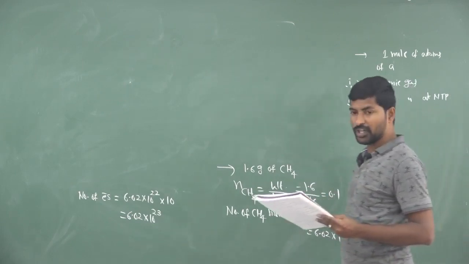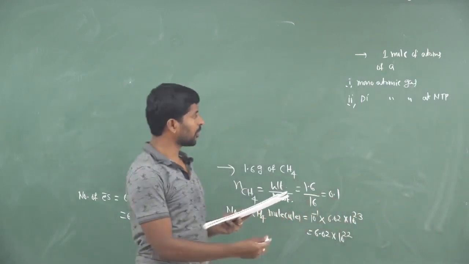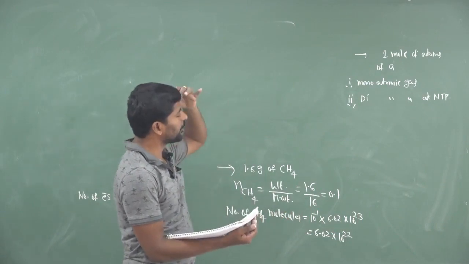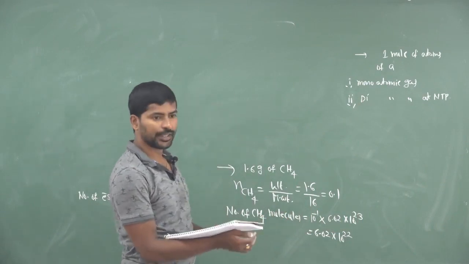Once again, what will be the volume occupied by 1 mole of atoms of a monoatomic gas and a diatomic gas at NTP?